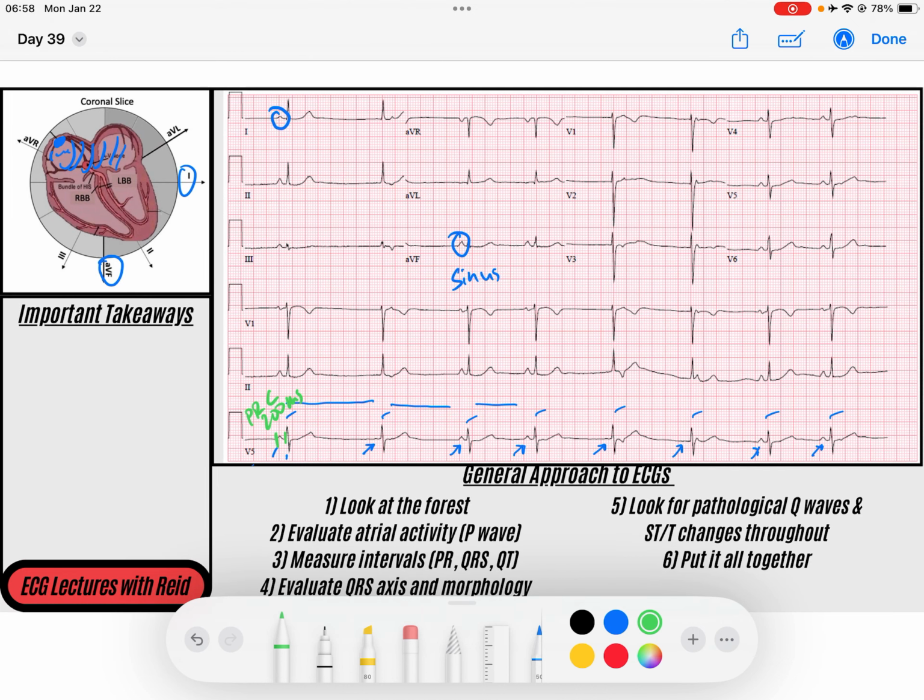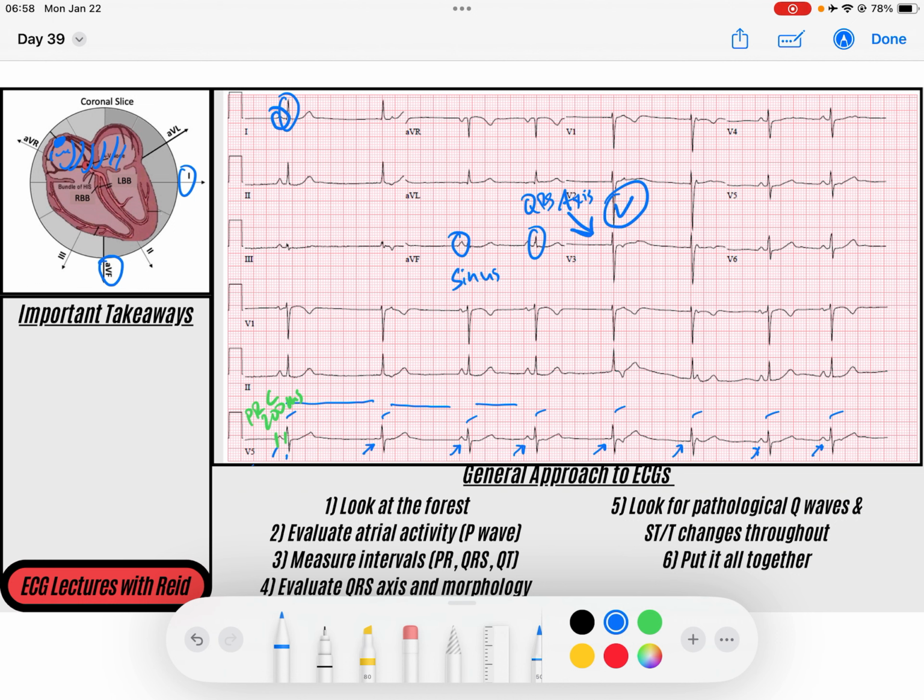And like I said, our QRS is narrow, and my QRSs are upright in lead 1 and upright in AVF, so my QRS axis is down to the left, meaning that it is normal. So far, things seem to be beating in the right direction. We just now need to work out what these funky beats are that we identified on the rhythm strip of our EKG here.